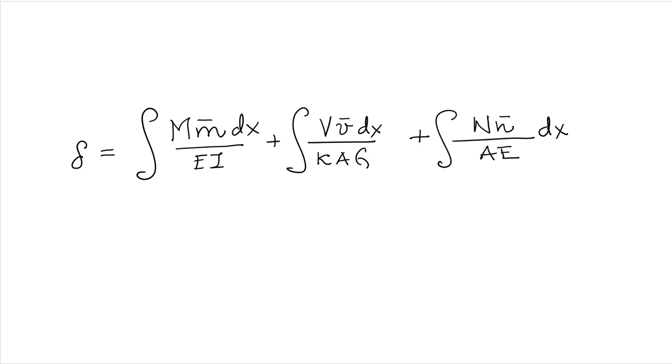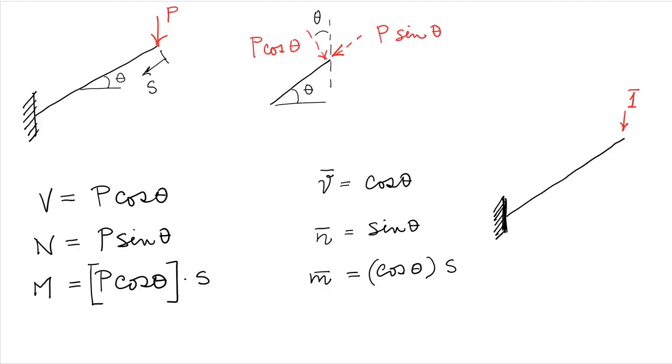We're basically going to add the three contributions, and to do that we draw or calculate the shear, axial, and moment diagrams due to the loading, and then we calculate the shear, axial, and bending moment due to a unit load at the location and in the direction of interest for the deformation.